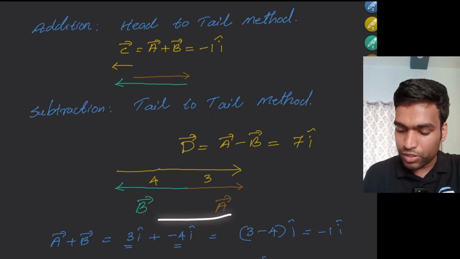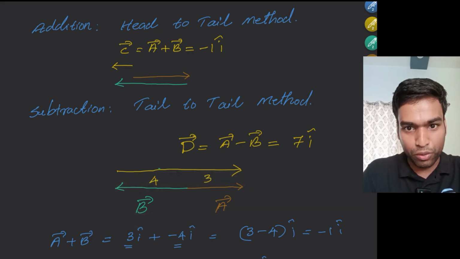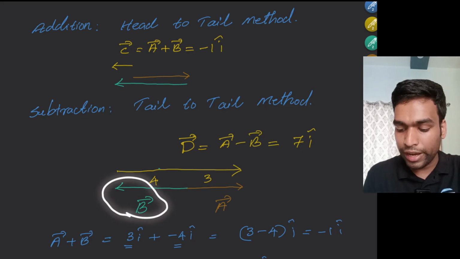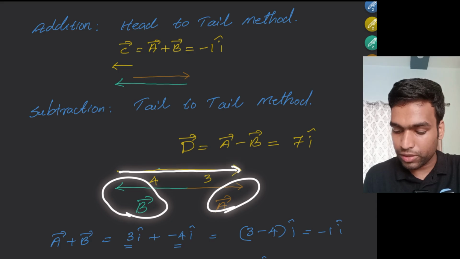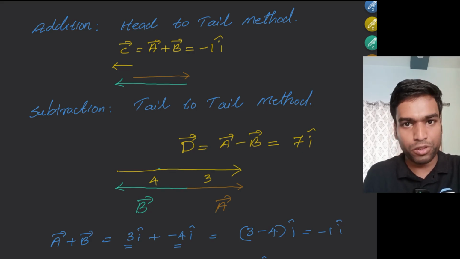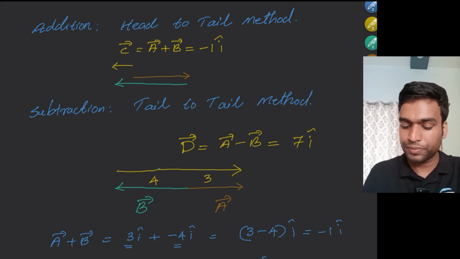To find the resultant vector after making them contact in tail to tail mode, you have to draw a vector from the head of B to the head of A. So that's this yellow vector, and you can see the length will clearly be 4 plus 3, and the direction is towards the positive x direction. So this is exactly what we get with the mathematical way of writing, correct?